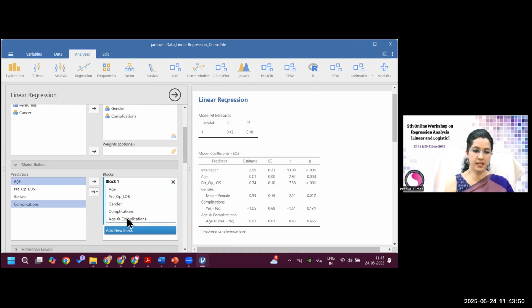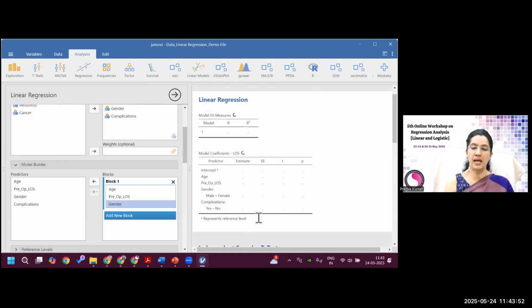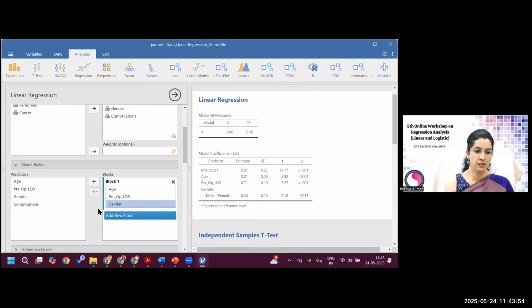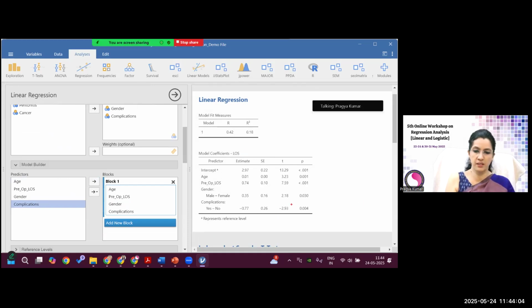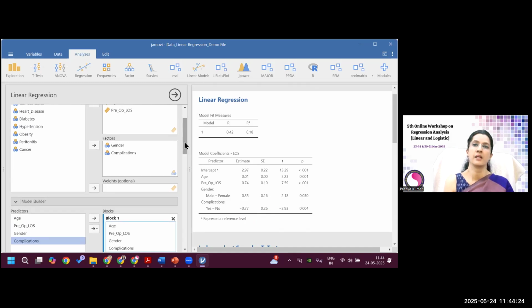So I cannot say why it is 0.77, since this is not the actual data. But in the actual article, they also showed that length of stay was less in complications. So this is how you study interaction.